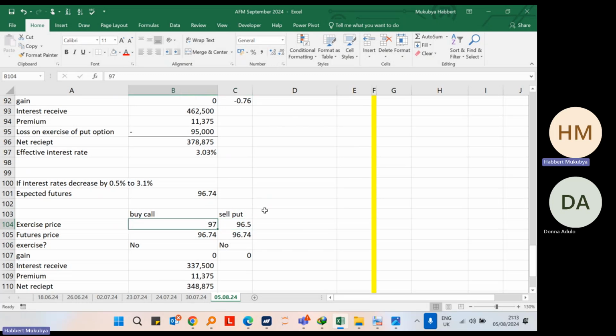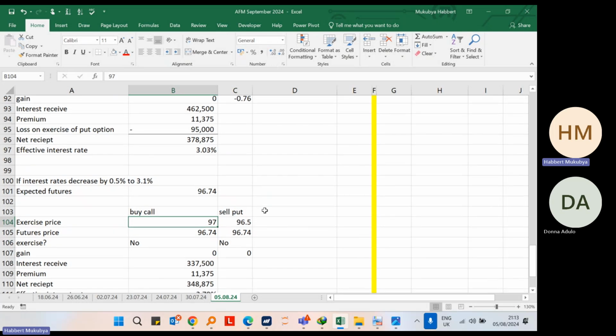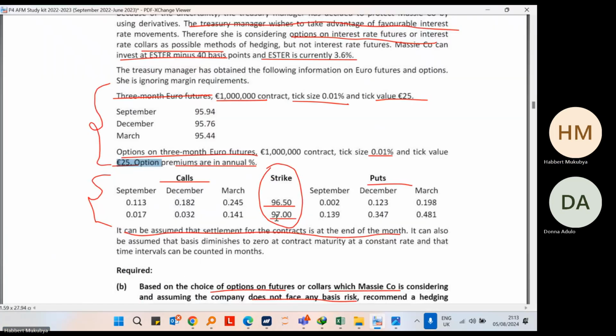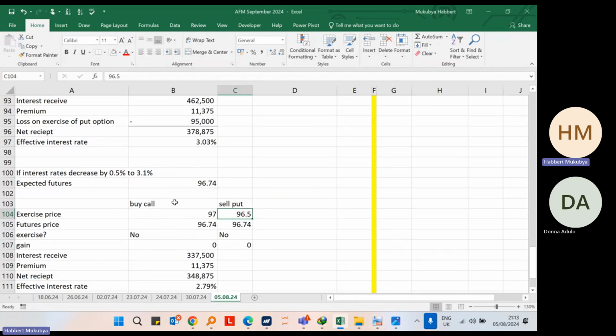We said that we are going to buy at 97 and sell at 96.5. Okay, and you could have chosen it the other way around. But the expected futures price, we get from the ones that we got up for the options.